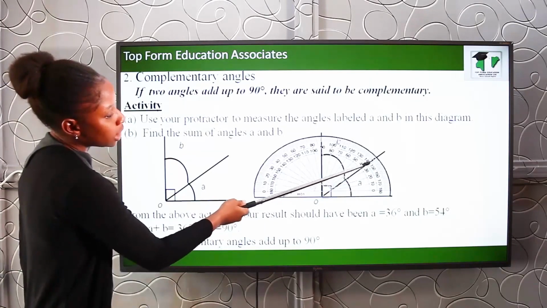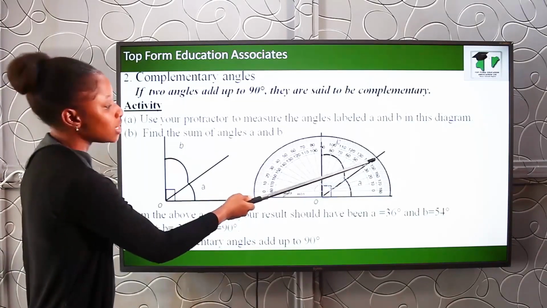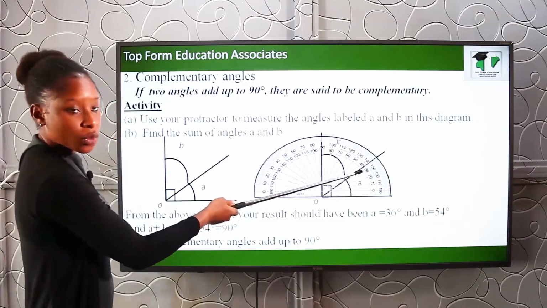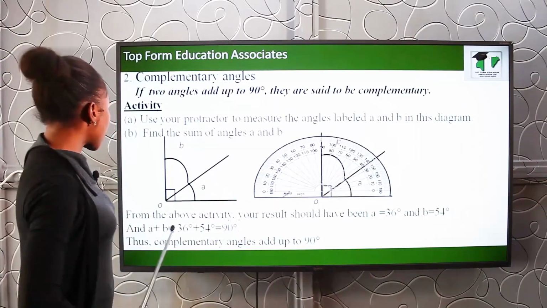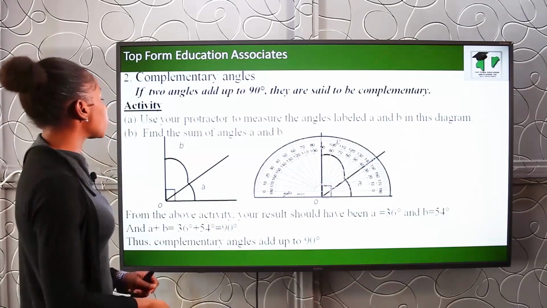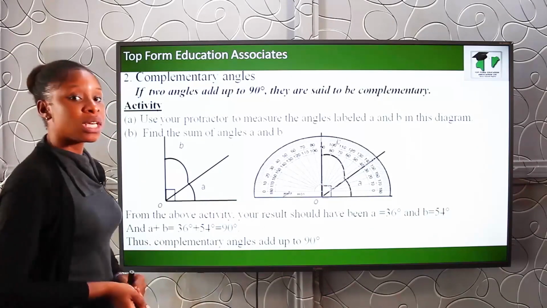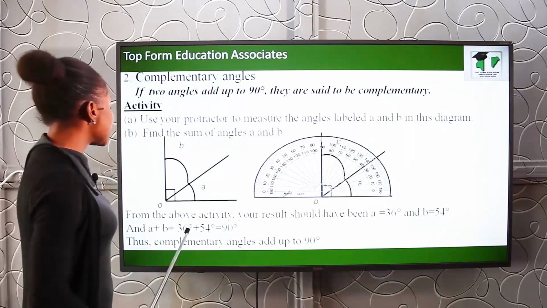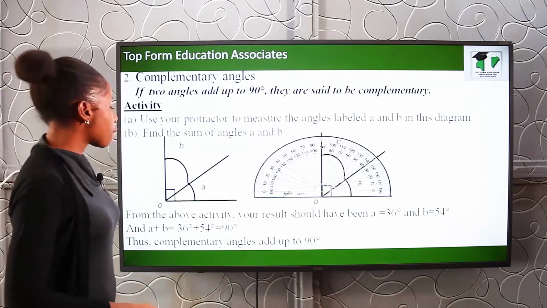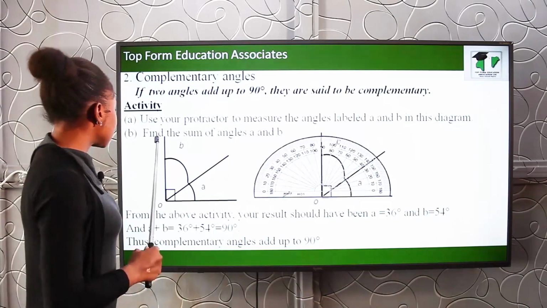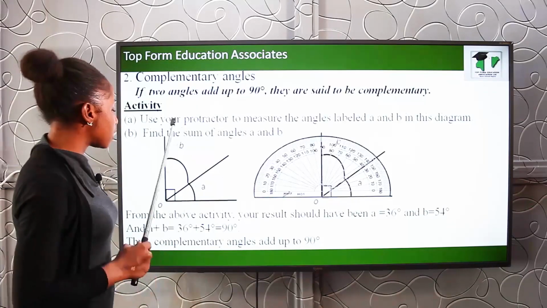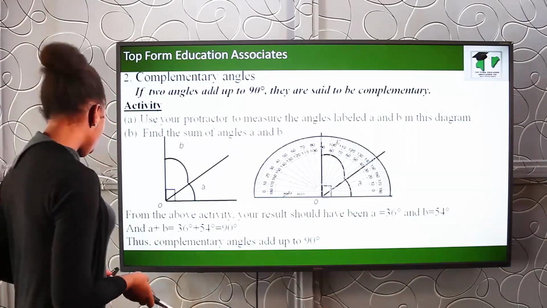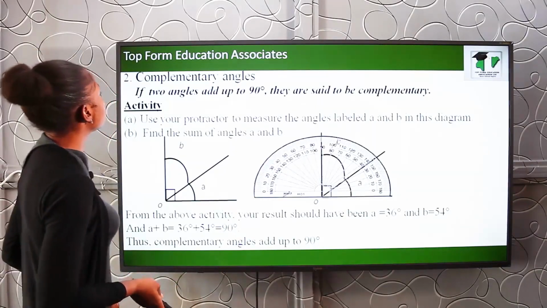Now, this line is resting on the next mark, which is 36 degrees. All right. So angle A is 36 degrees, and when we also measure B, we see that B is 54 degrees. Now when we sum them together, we have 90 degrees. Therefore, angle A and angle B are complementary. Why? Because they add up to 90 degrees.